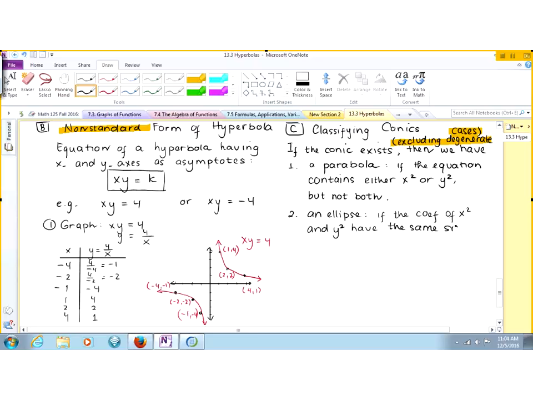Same signs mean can be both positive or both negative. But then, remember, you have to change it to standard form, right? So when you divide, same signs, either both positive or both negative. When do you have a circle?